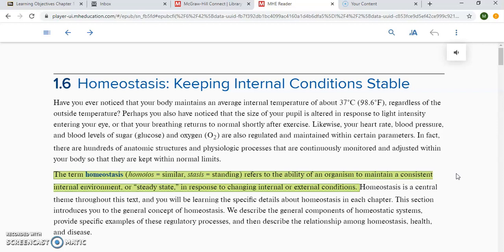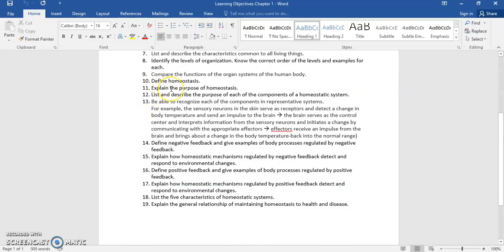So we want to realize that homeostasis and those control systems that keep all these parameters at a set point or in a normal range are very important to keep us healthy and prevent us from dying. Those were the first two objectives: defining homeostasis and explaining its purpose.